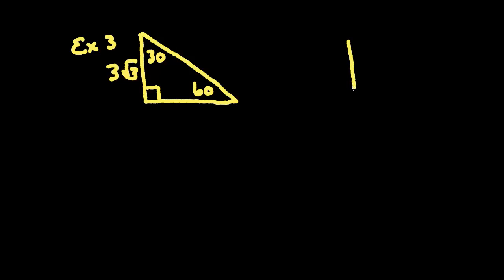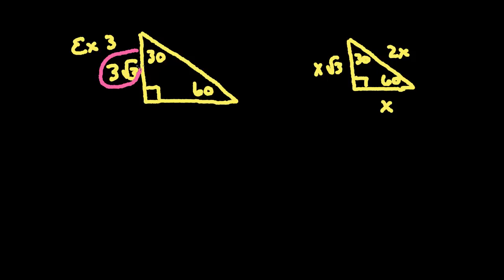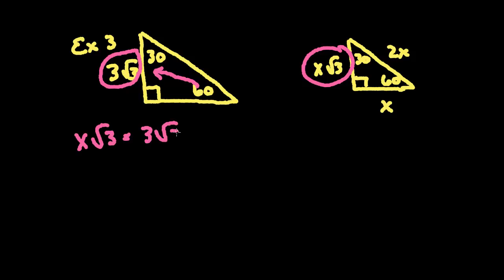So if we look at our template, our template has opposite the 30 is an x, opposite the 60 is x square root 3, opposite the 90 is 2x. So the side that we're given is this side, which is the side opposite the 60. So we're given x square root 3 is 3 square root 3.